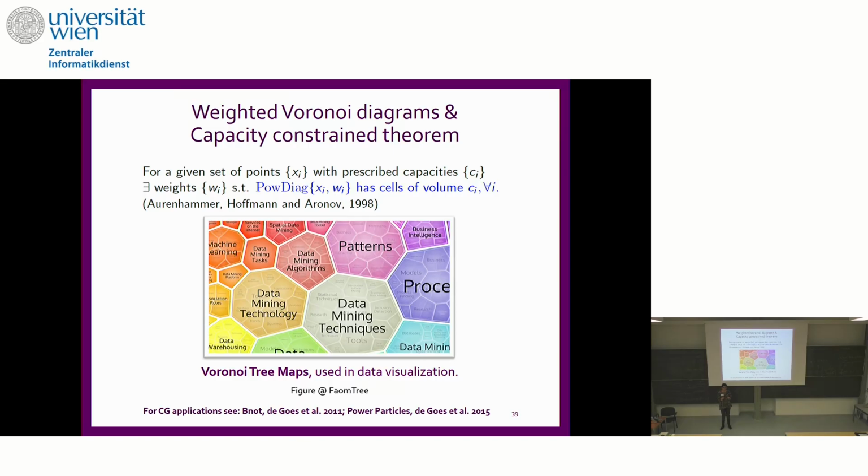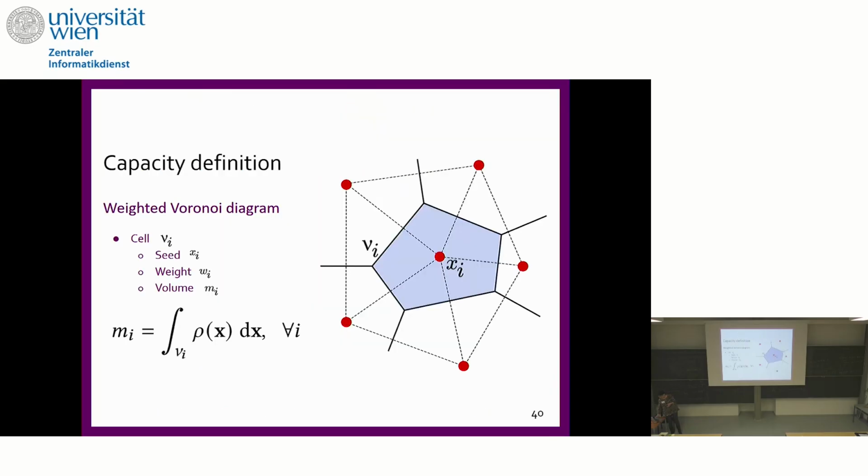What will happen is that if you give me a set of points without the weights, but instead of the weights, you give me what I will call the capacity. The capacity would be just the volume of the dual cell. Then I can always solve for wi so that the corresponding weighted power diagram or weighted Voronoi diagram will have exactly the cells with that volume. So it's exactly this setting.